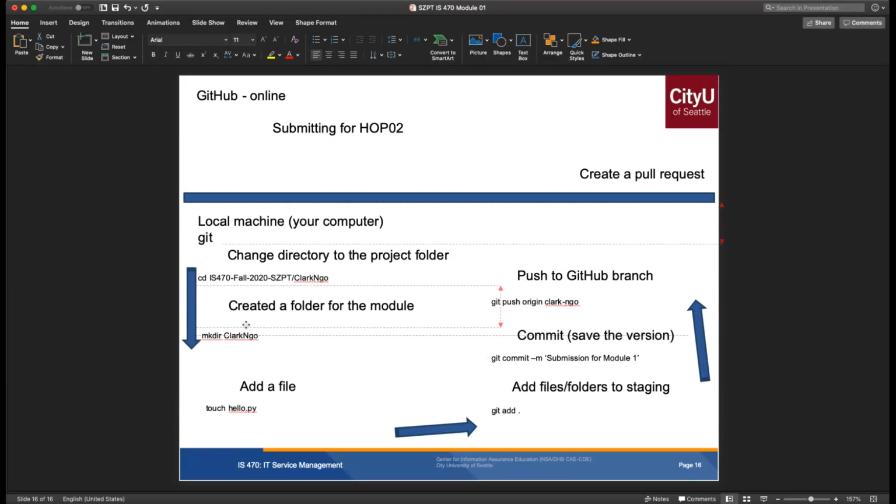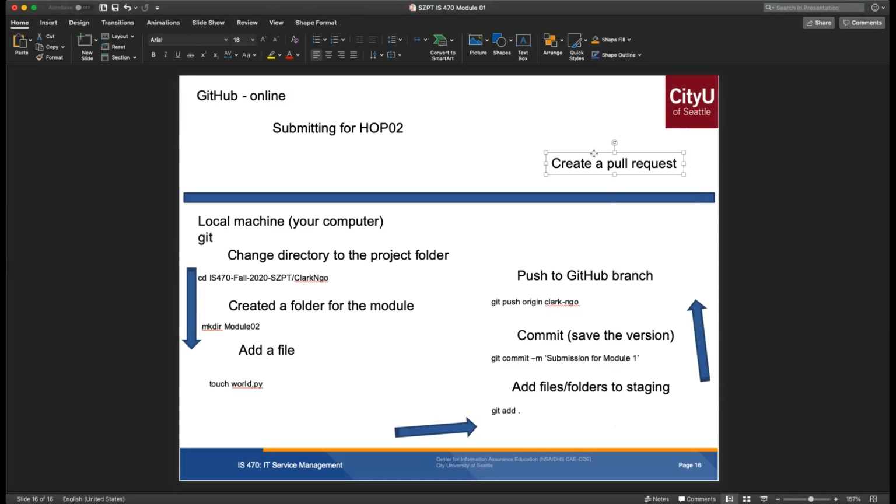So you would now create a new folder called module, let's say 02. And let's say you do have added another file, world.py, and you would do the same thing. And you might not need to do a pull request, so this might be optional.